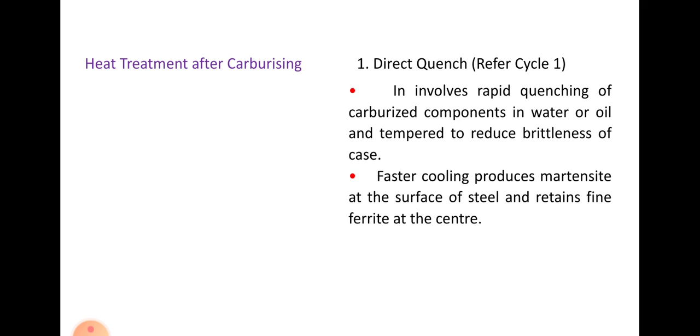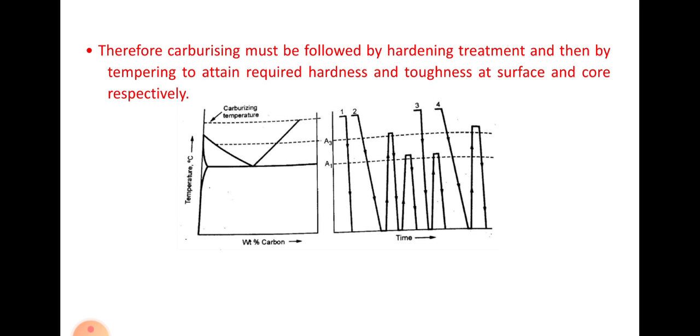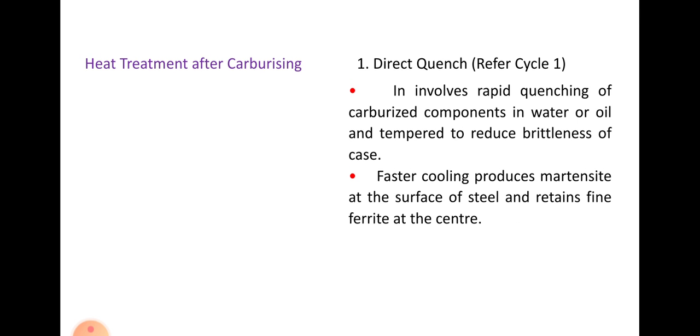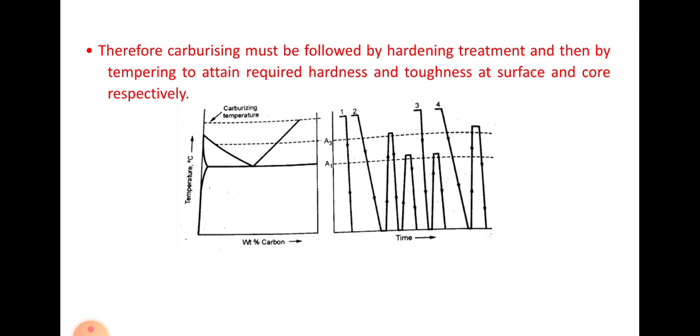This diagram is most important, which shows four steps: first direct quench, second double quench, third case refining quench, and last, fourth, core refining quench. It gives a better surface by using the carburizing process.